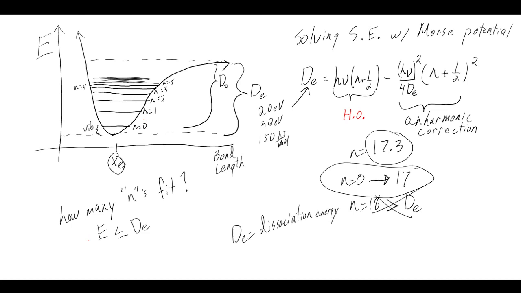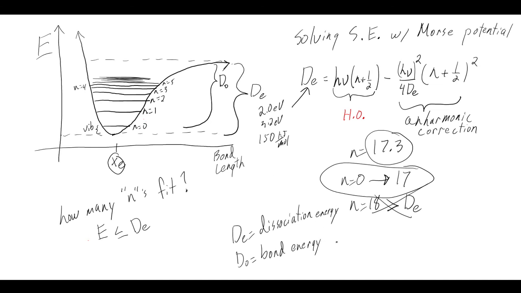How much energy does it take for the molecule to fly apart? And D0 is the bond energy, because that's how much energy you need to overcome just the bond, because this is the vibrational energy of the nuclei. So that's a subtle difference between D0 and dE.